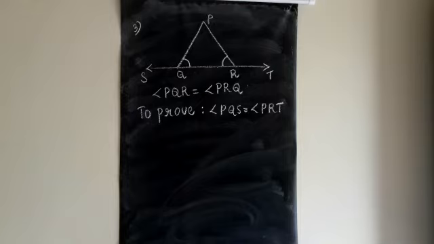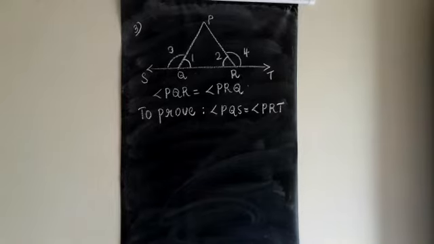First we can mark the given angles as 1, 2, 3, 4. That means angle PQR I am giving 1, angle PRQ as angle 2, angle PQS as angle 3 and angle PRT as angle 4. So according to our problem, angle 1 and angle 2 are equal and we have to prove angle 3 is equal to angle 4.